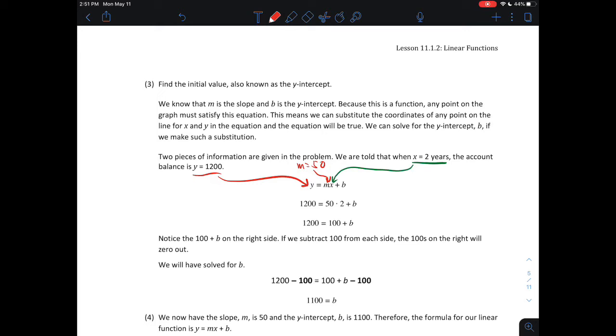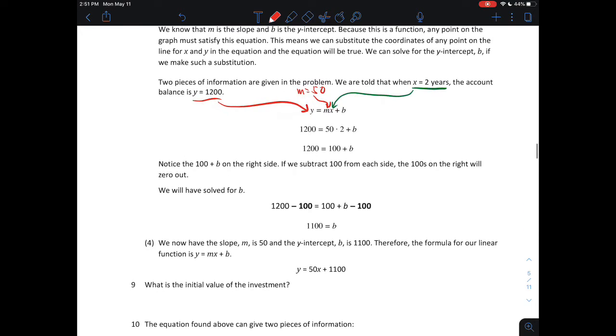Now, if you're looking at this, you might be thinking, oh no, I have to solve an equation. You could also think, what do you have to add to 100 to get 1200? What do you have to add to 1 to get 12? It has to be 11. So you should get 1100 for this value of b. But to see how you can work with this equation, notice that I can do something to both sides of the equation. I can subtract 100.